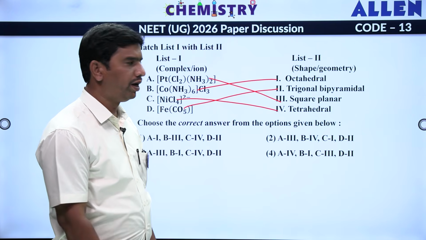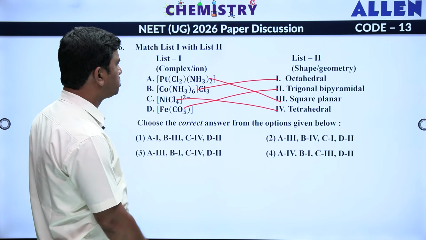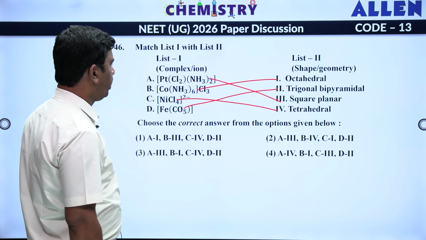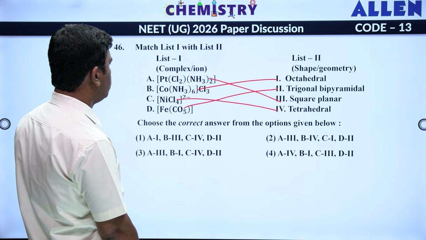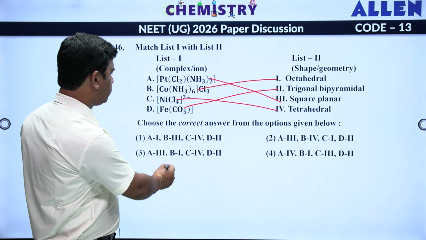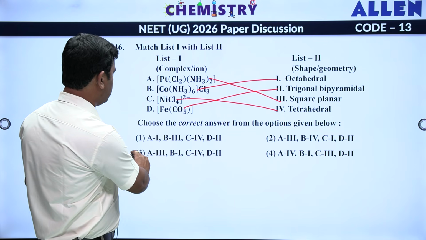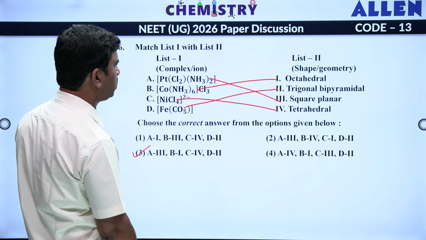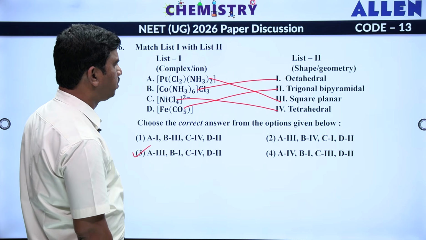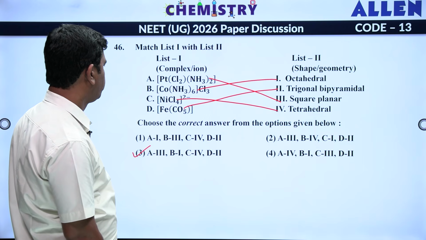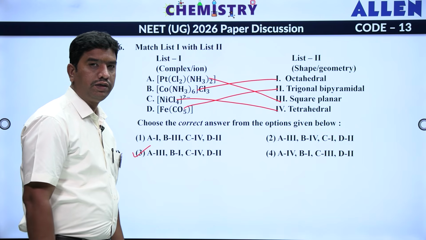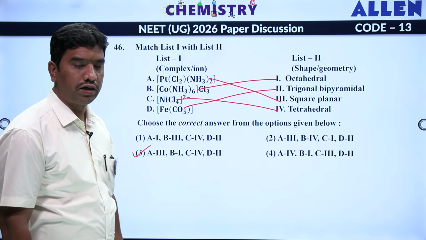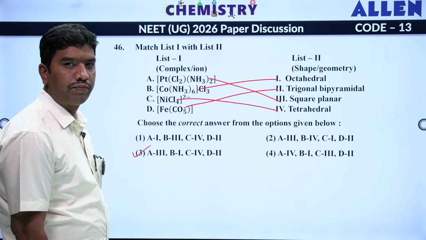ML5 is trigonal bipyramidal only. So A3, B1, C4 and D2. Option 3 is the correct answer for question 46.